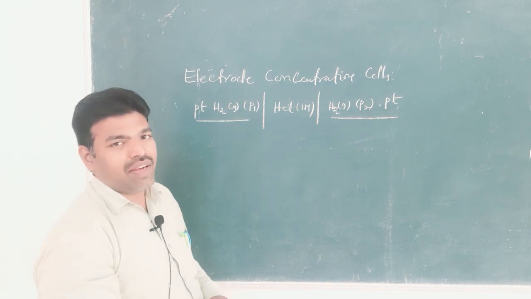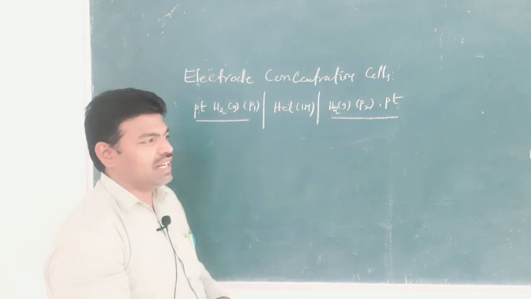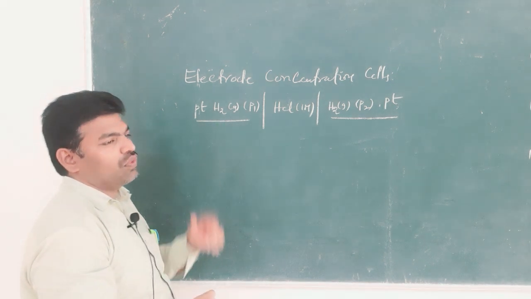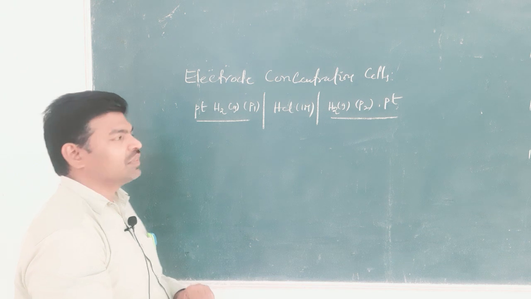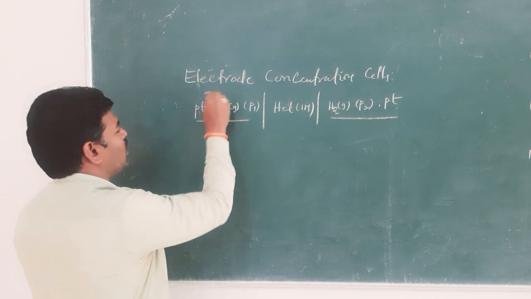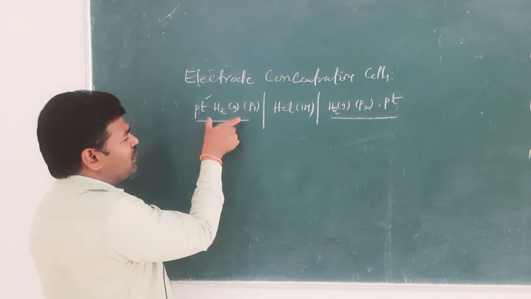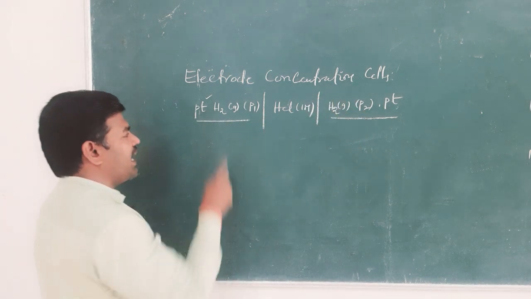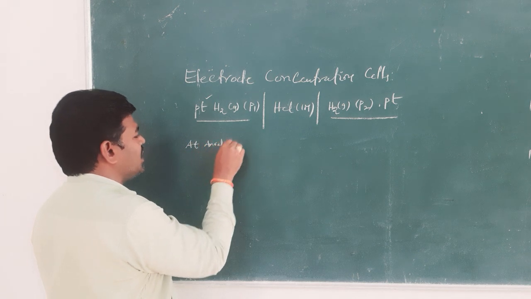Now, we shall derive an equation for EMF of the electrode concentration cell. Before that, we should write the electrode reactions. This is the anode. We usually write the anode at left hand and the cathode at right hand. At the anode, oxidation takes place.